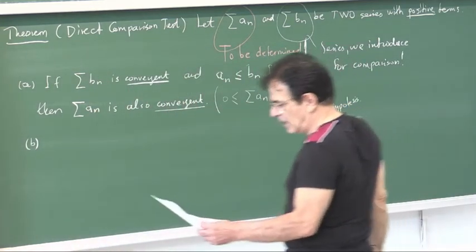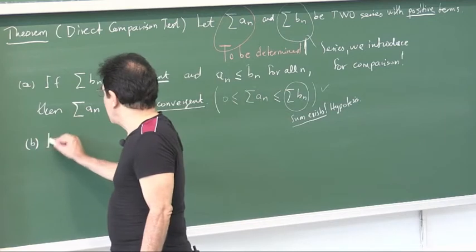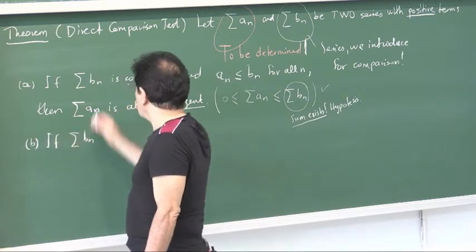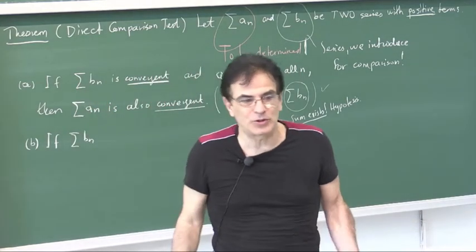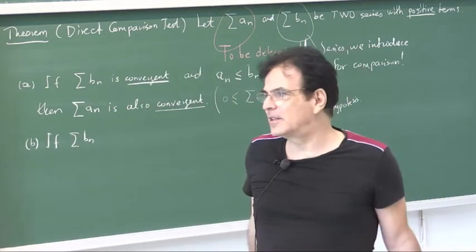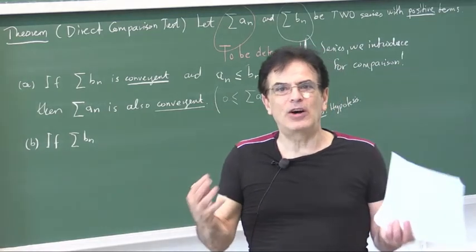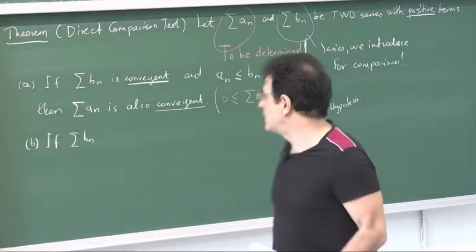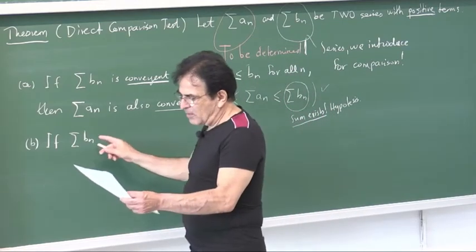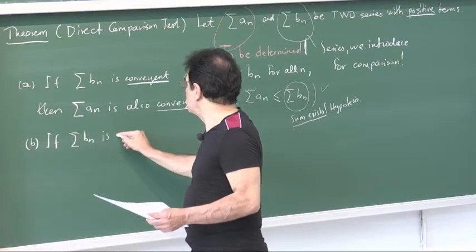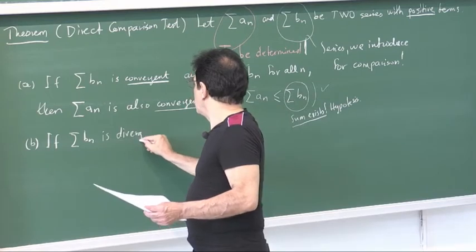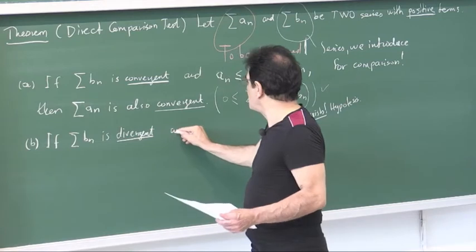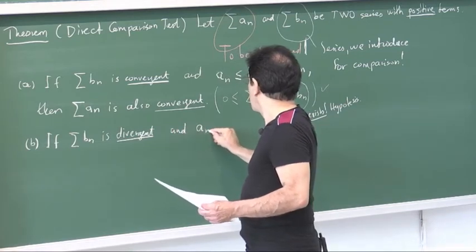If we choose Bn as a divergent series, which kind of series should be taken depends completely on the structure of the first series, sigma An, which is under discussion. Sigma Bn is divergent.